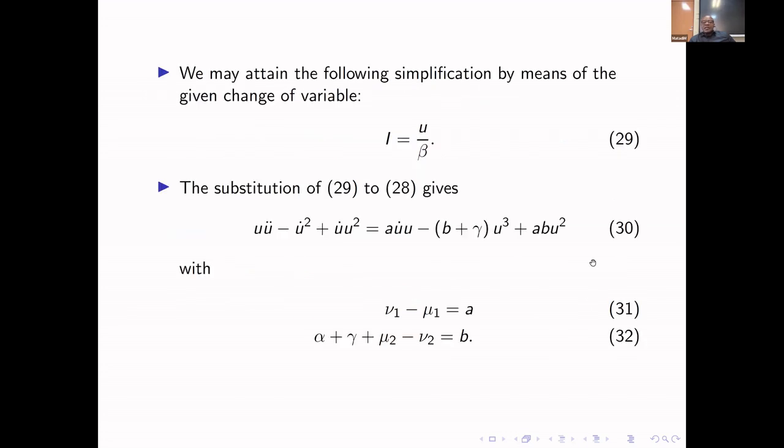And now we realize that equation 28 is still difficult to analyze, so we conduct a change of variable, and we come out with a simpler-looking equation 30. But it's still complicated, because you have so many parameters that it's difficult to analyze from the Lie point of view.